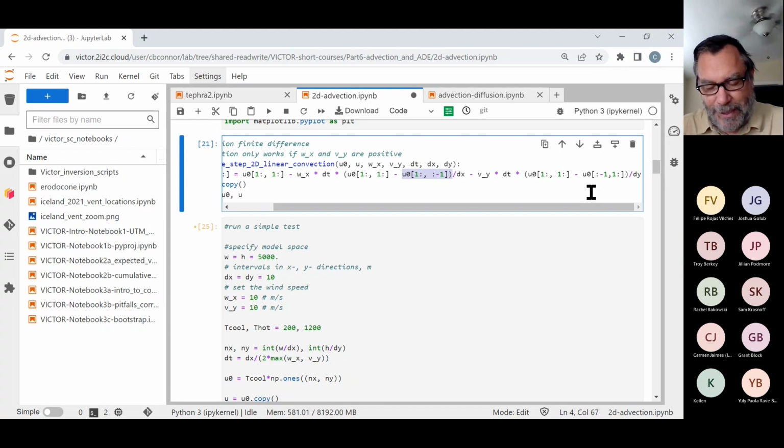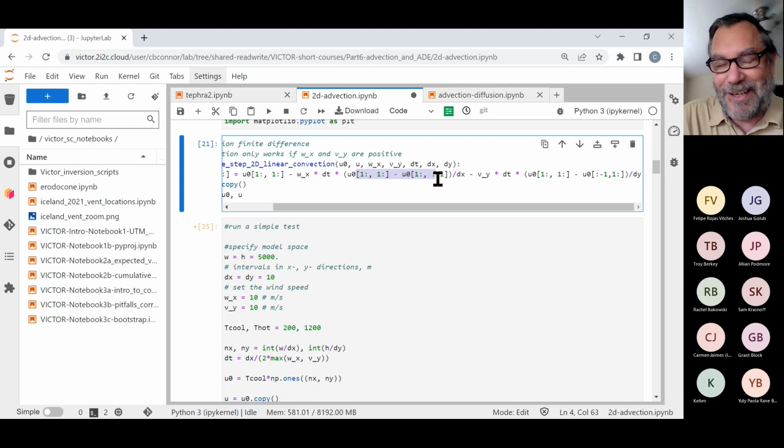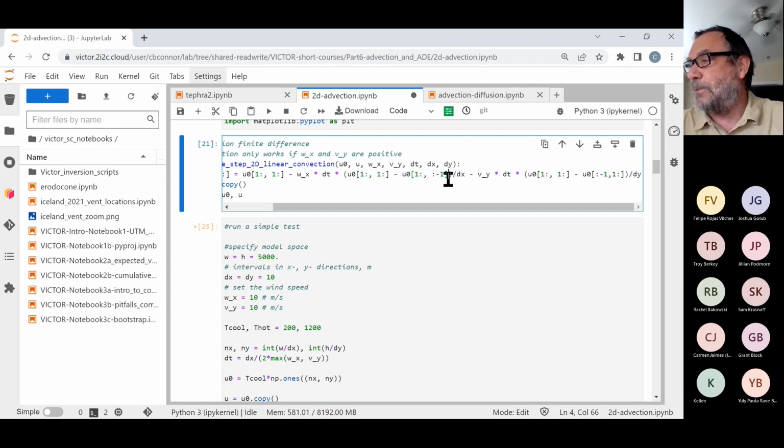So if you think about it in this differencing approach, I am only taking that difference, my current position minus the other position, in one direction. It doesn't know that there's a high concentration on the other side, right? So it gets confused, and that leads to a bunch of numerical instability.